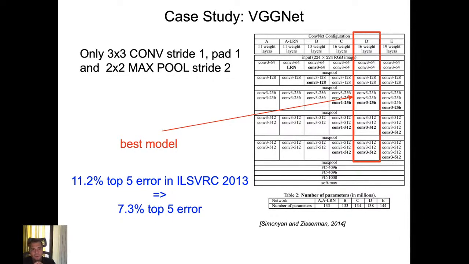And if you just use these convolution and pooling blocks, at some point around 20 layers, your performance will no longer increase, and actually it might even start to decrease.